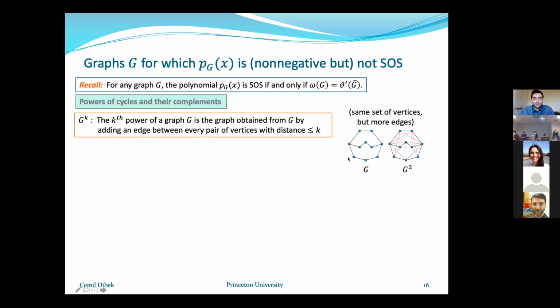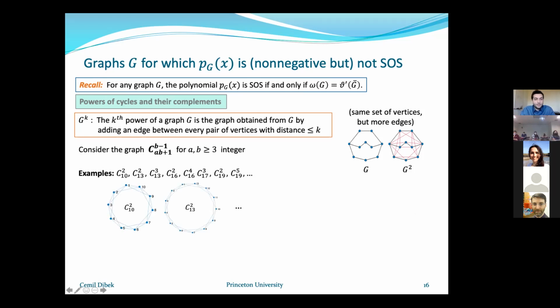So here's an example. Here we have a graph G, and so we keep the same set of vertices, but we may have more edges because now we will add an edge between every pair of vertices within distance at most 2. So in terms of the polynomial, we will have the same set of variables, but we may have more monomials because now we have more edges. So now let's consider this graph family.